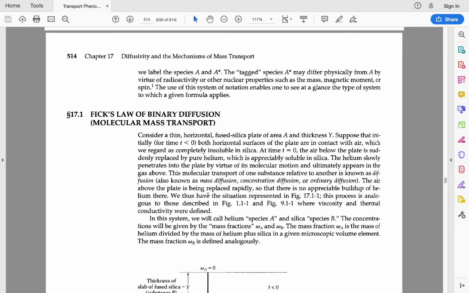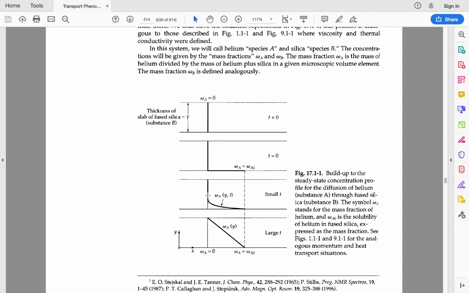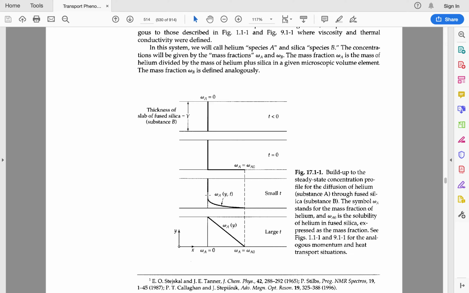Right. Let's open the next page and see. You can start seeing a graphic quite familiar, similar to the ones in momentum transfer and heat transfer. First we have a slab of fused silica, a solid plate with thickness Y. Silica is like glass, so fused silica looks like transparent glass.